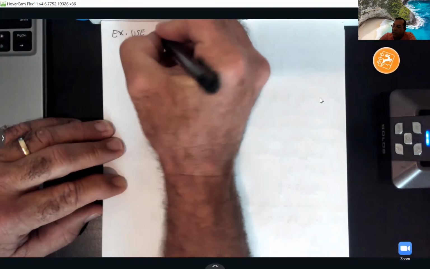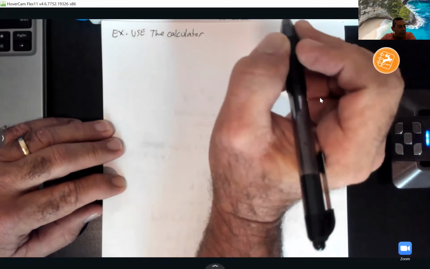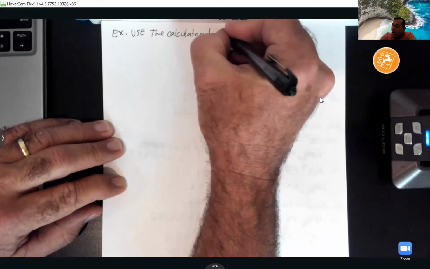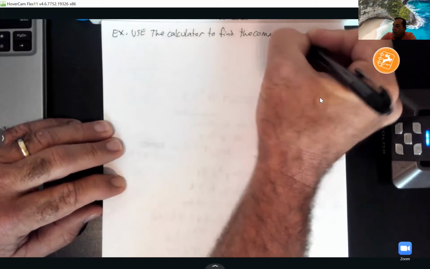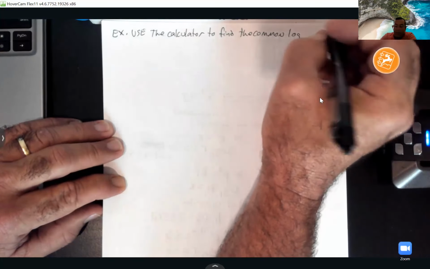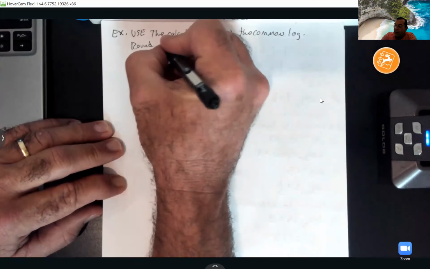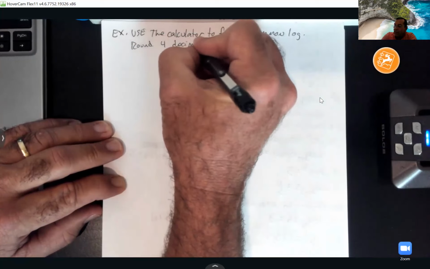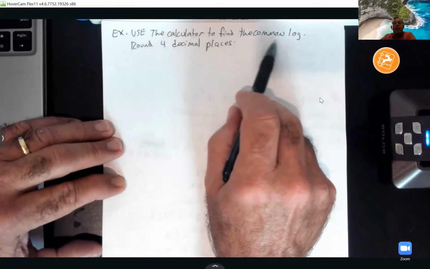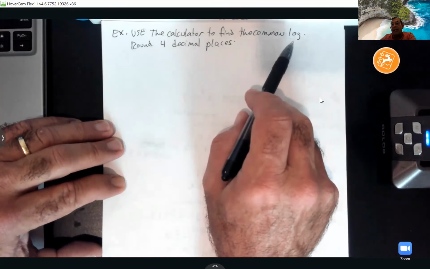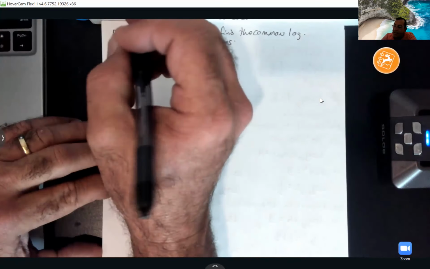So for the first ones, I'm going to use the calculator to find the common log. And then I'm going to round it to 4 decimal places. Now, remember a while ago, we said the common log is a log base 10. Okay, so I'm going to use the log that's on the front of my calculator for these.